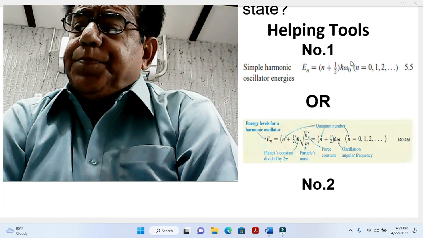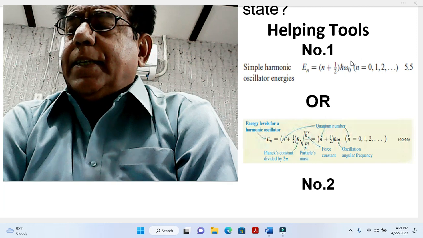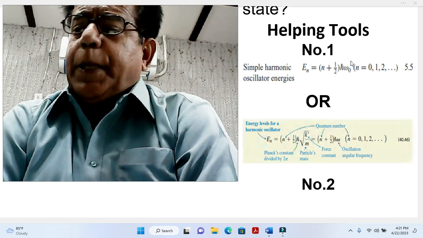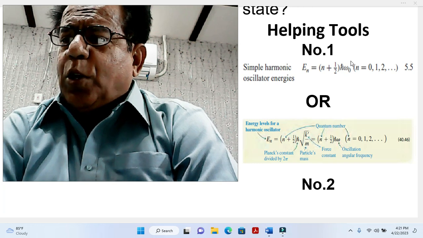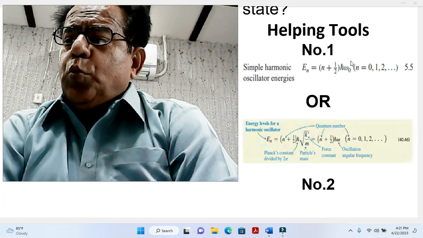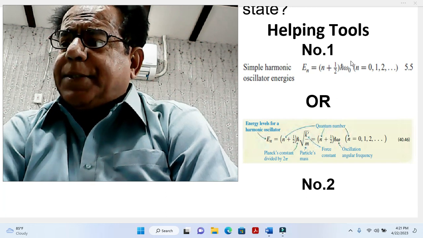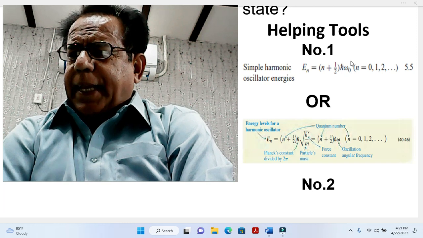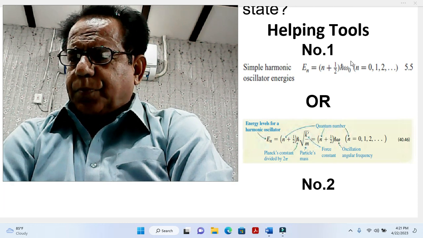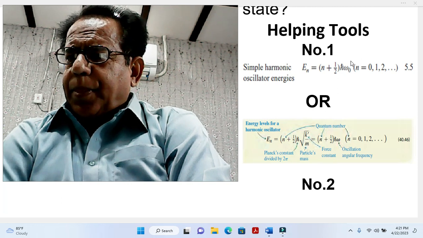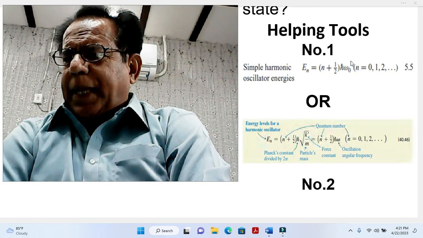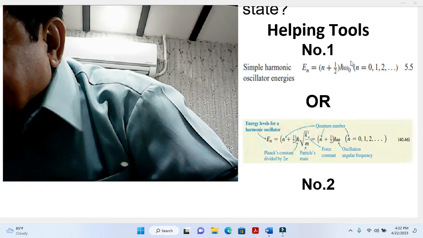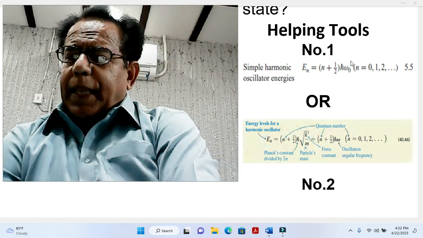Now we move to the alternate version of this statement, chosen from the book University Physics by Young and Friedman.